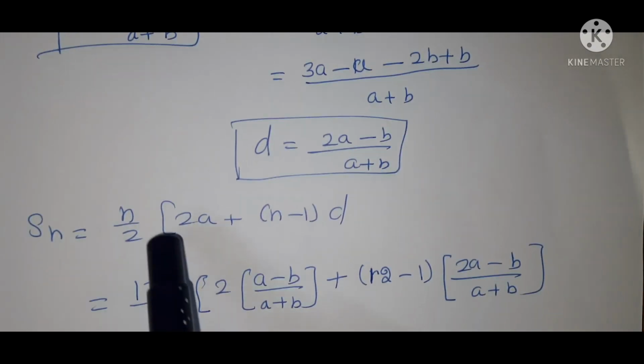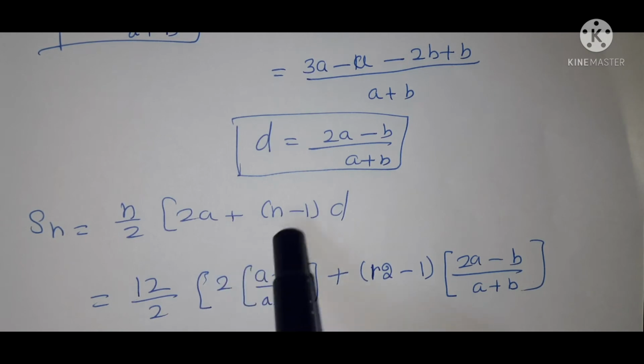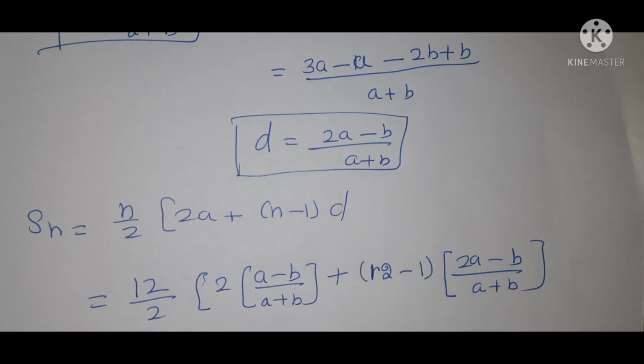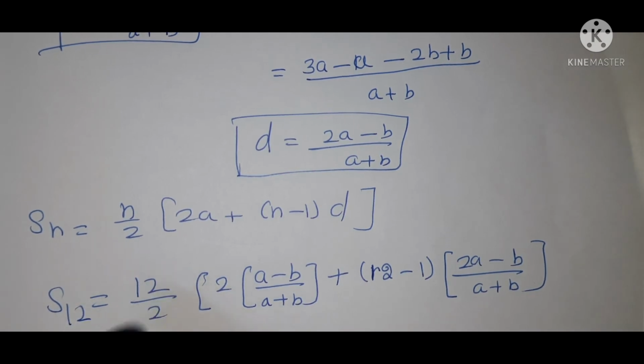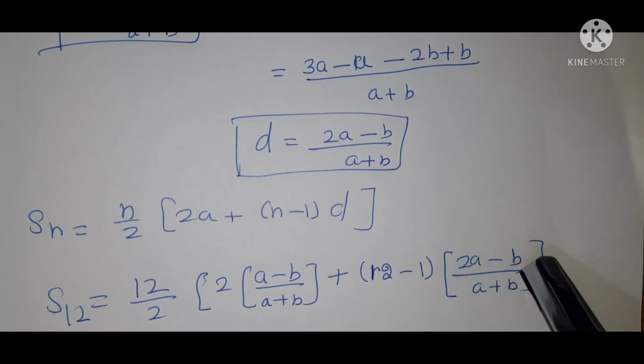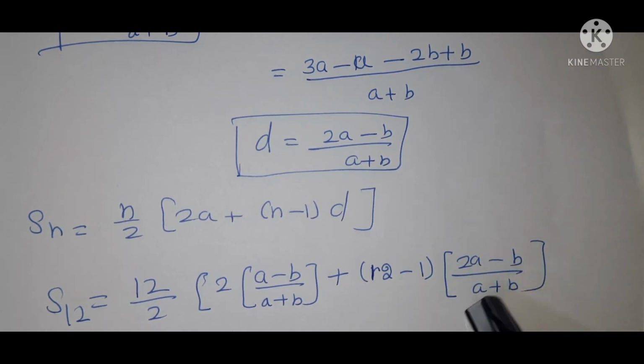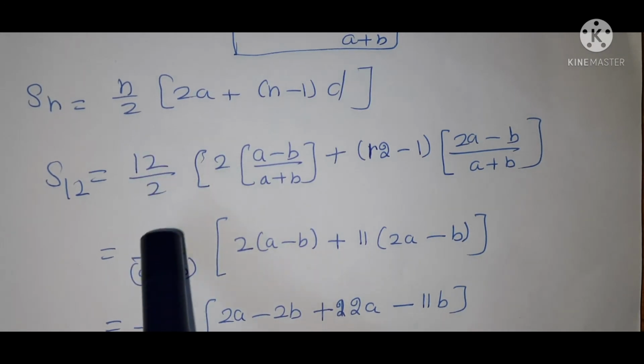Sn is n by 2 into 2a plus n minus 1 into d. Here S12 is equal to 12 by 2 into 2 into a minus b by a plus b plus 12 minus 1 into 2a minus b by a plus b. 12 by 2 is 6.